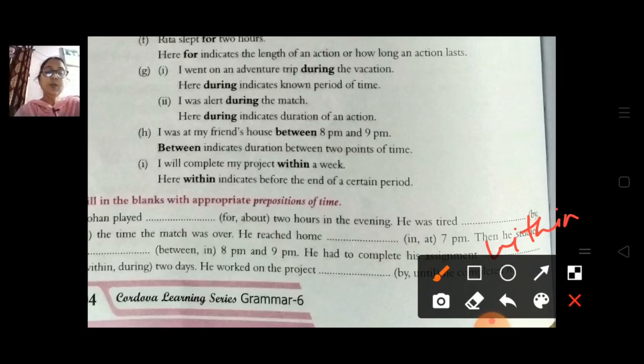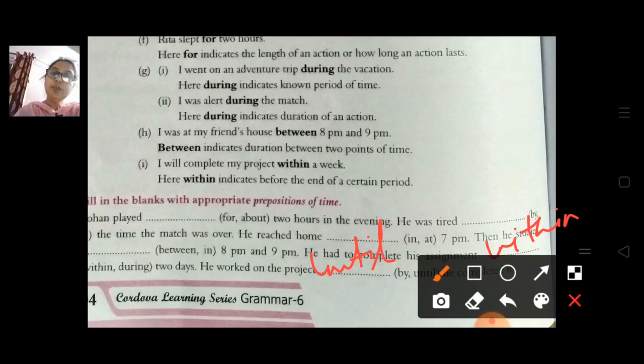He worked on the project until he completed it. So that is how we have completed D number exercise.